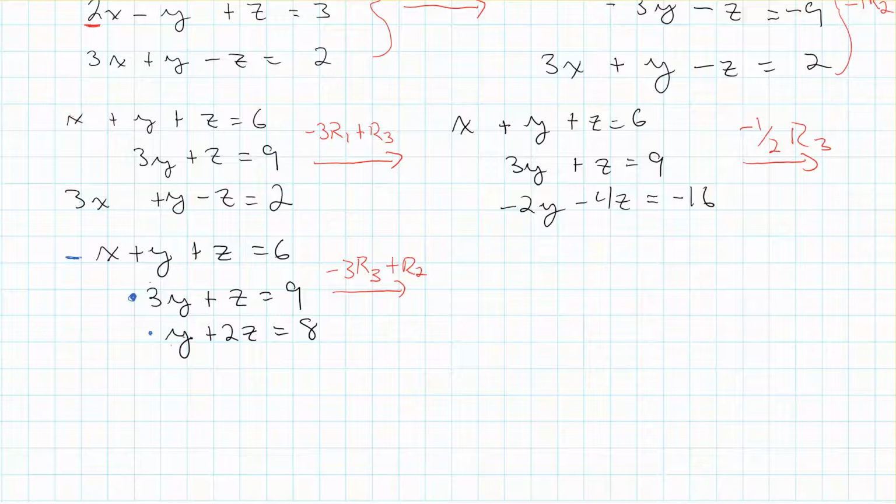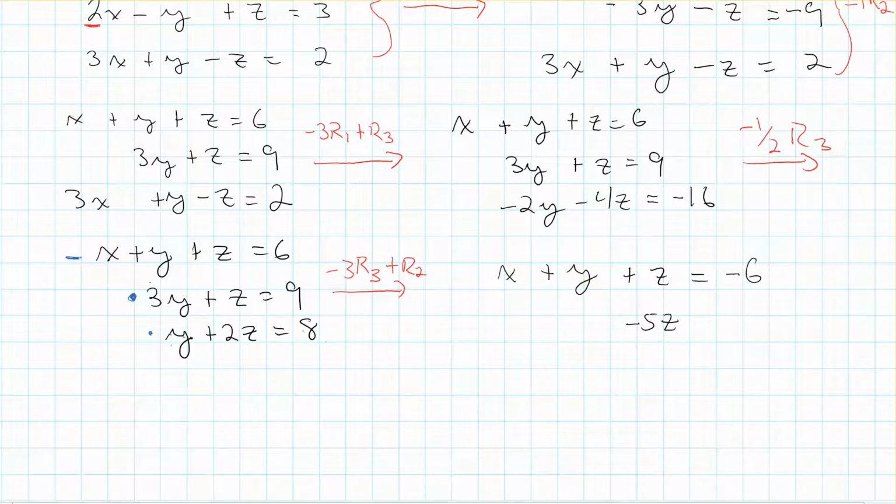So what do I have here? I've got x plus y plus z equals negative 6, and then I'd have negative 3 plus negative 3, so that's 0. Then I have negative 3 times 2, which is negative 6, plus z, so I'd have negative 5z.